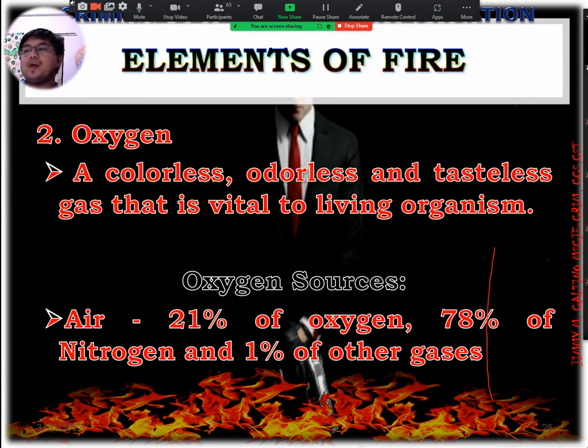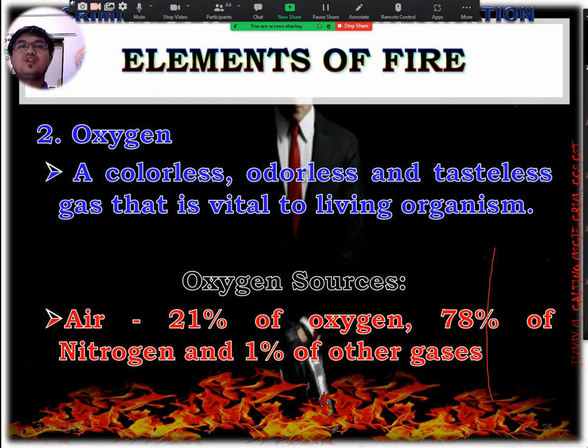Next element, gentlemen and ladies, is oxygen. Di ba? Sabi natin, oxygen is a colorless, odorless, and tasteless gas that is vital to living organisms. So it does not have color, it does not have smell, and usually it does not have taste.